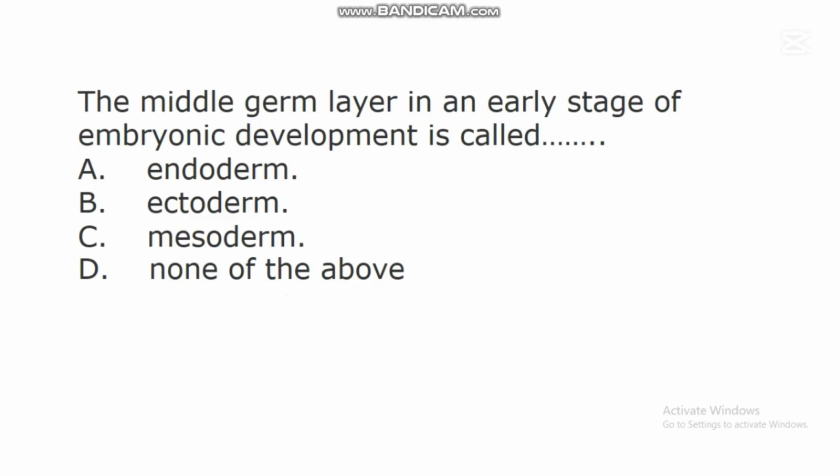In this question, the correct answer is C. Mesoderm. Mesoderm is the middle germ layer in an early stage of embryonic development. It also plays a great role in ensuring proper embryonic development.